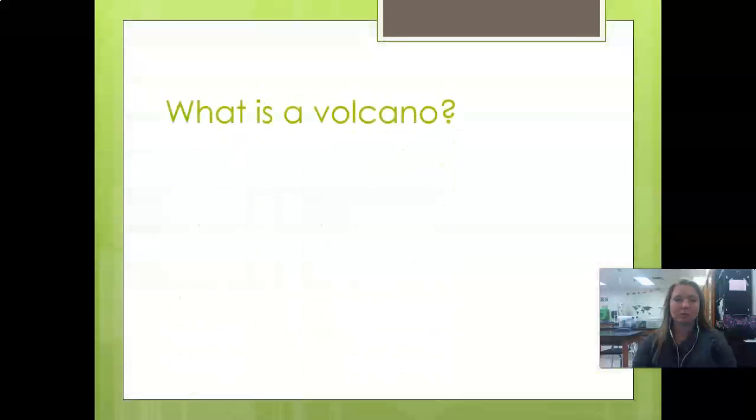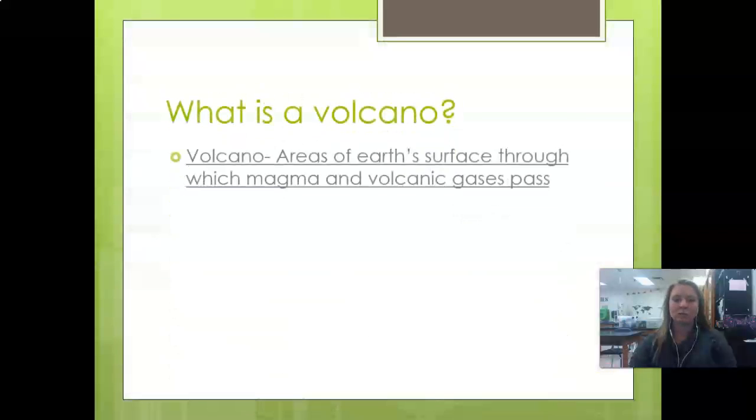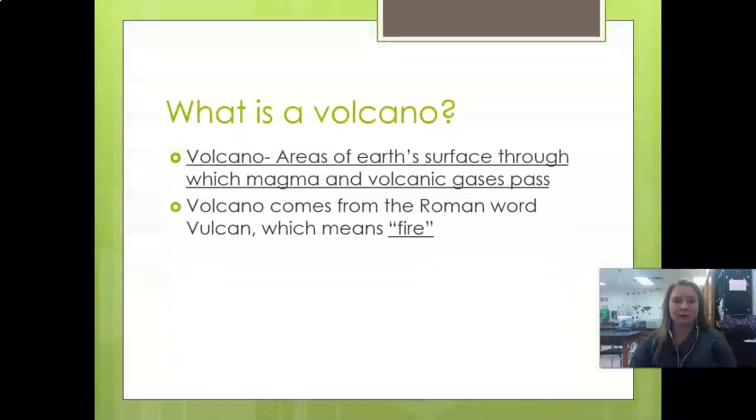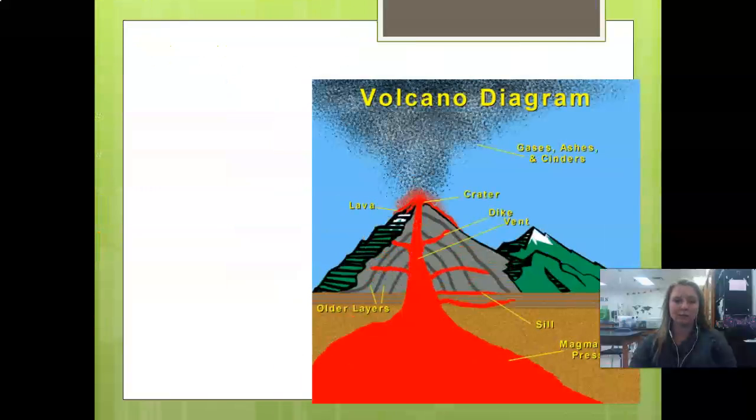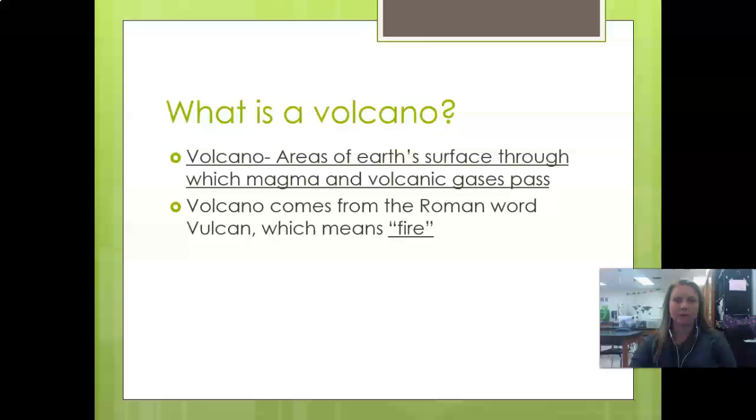So the first thing we're going to discuss is what is a volcano exactly. Once again, a volcano is just going to be an area where gas and pressure is being pushed out of the Earth's crust. So it is areas of the Earth's surface through which magma and volcanic gases are passed through.